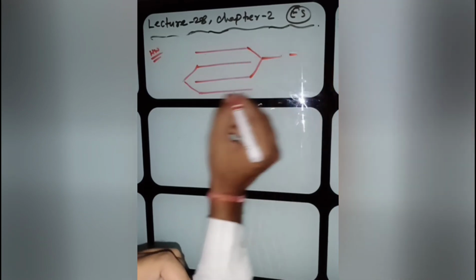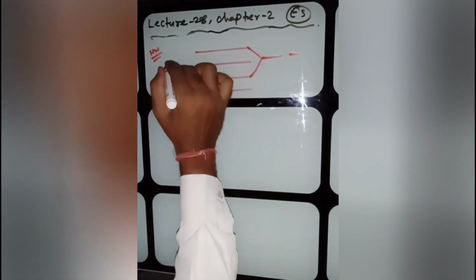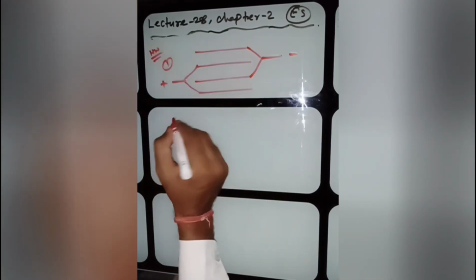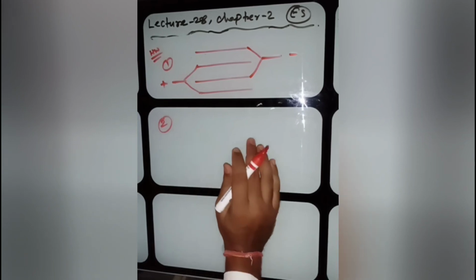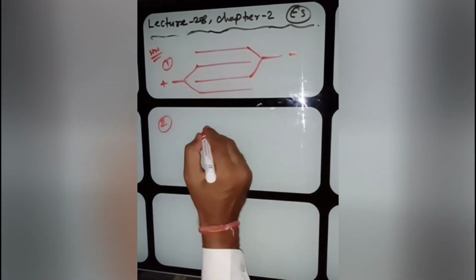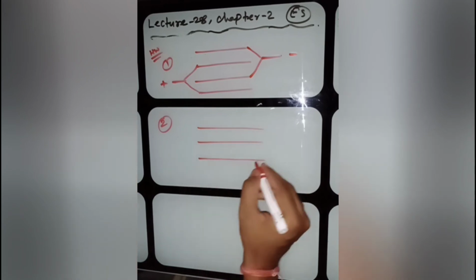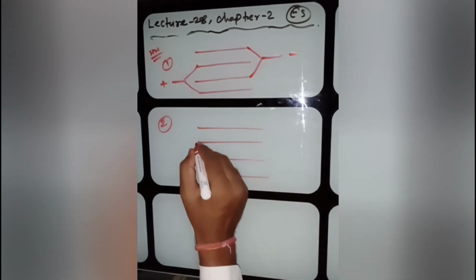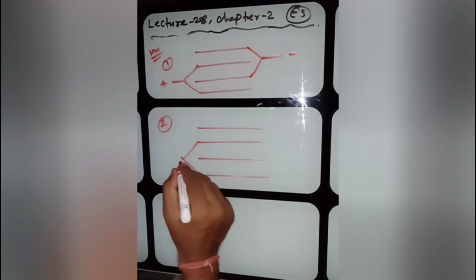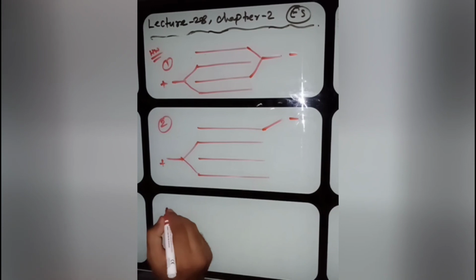This is negatively charged, this is positively connected. You have to find the capacitance. The second one: okay, if you are able to find out the number of capacitors and proper numbering, then I hope that you will be able to solve this one. This is positive and this is negative.